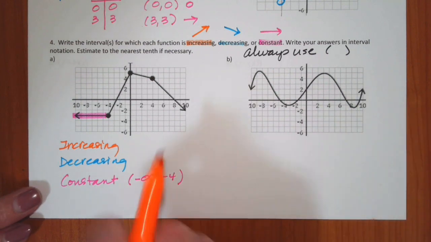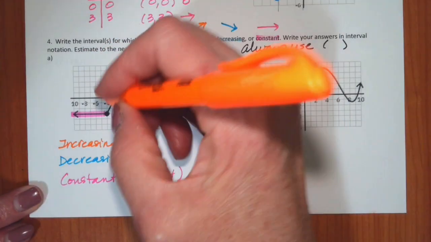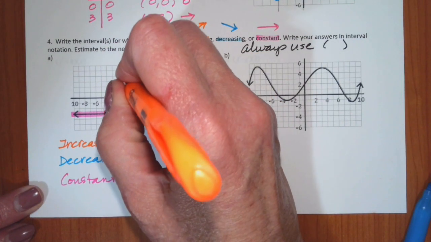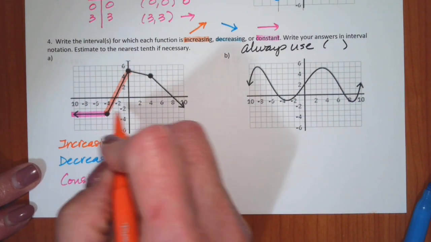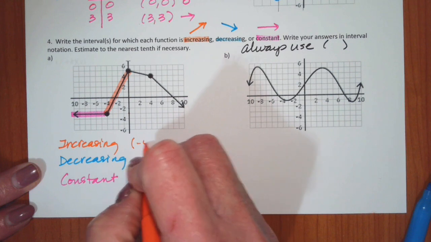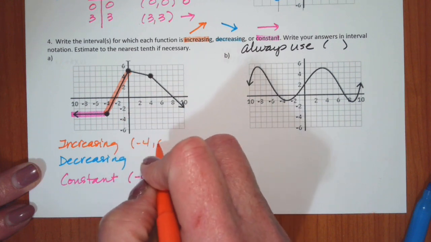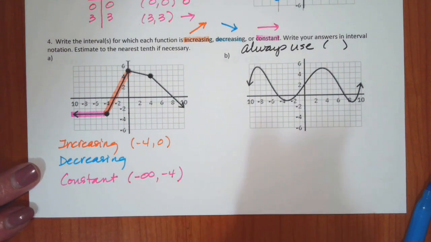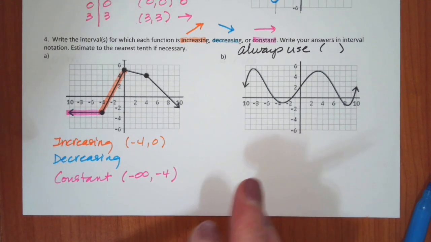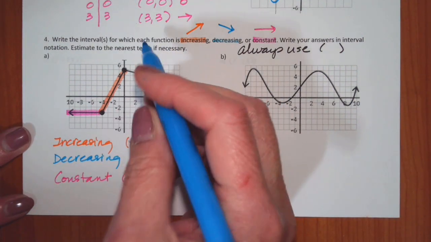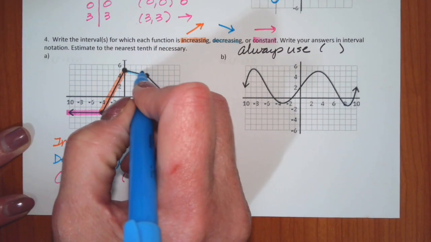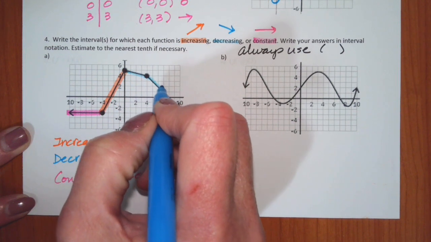Okay. All right, so if I look from here to here, it is going up as you read it from left to right. So it is increasing between the x values of -4 and 0. Remember, you are looking for the values of x that this occurs. Well, then if you look at the next segment, it's decreasing, and it's still decreasing.